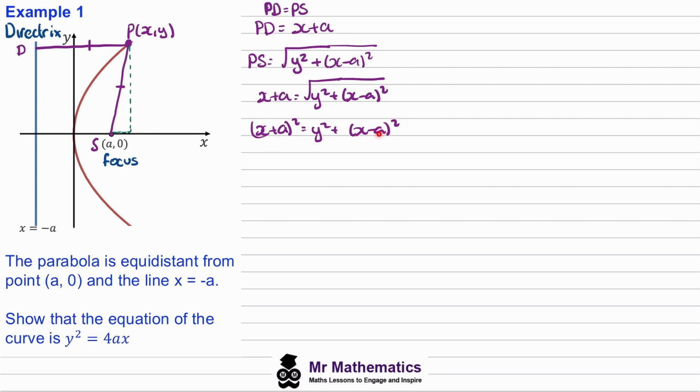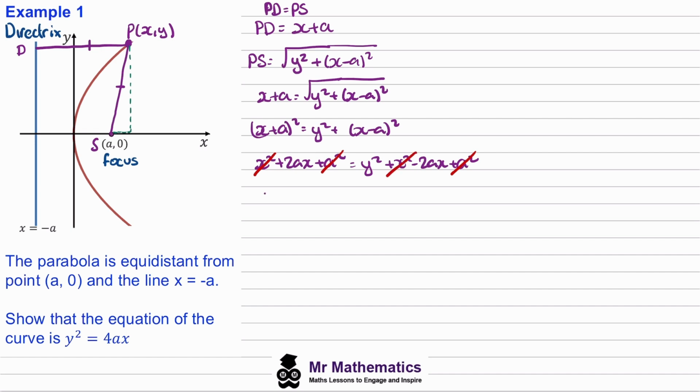We'll expand out each of these brackets. So we get x squared plus 2ax plus a squared will equal y squared plus x squared minus 2ax plus a squared. And then we can see we can cancel out the a squared from both sides, and we can cancel out the x squareds.